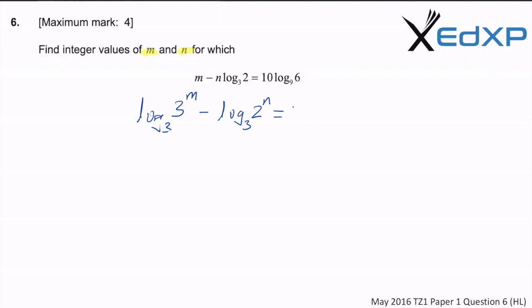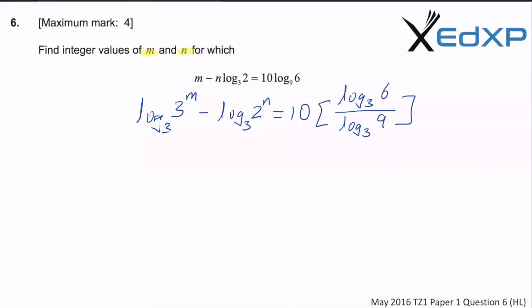Okay, and let's do a change of base here. Okay, so that'll be log 3, 6 over log 3, 9. Okay? And this guy over here is actually equal to 2. Okay, so that'll be 5 log 3, 6.